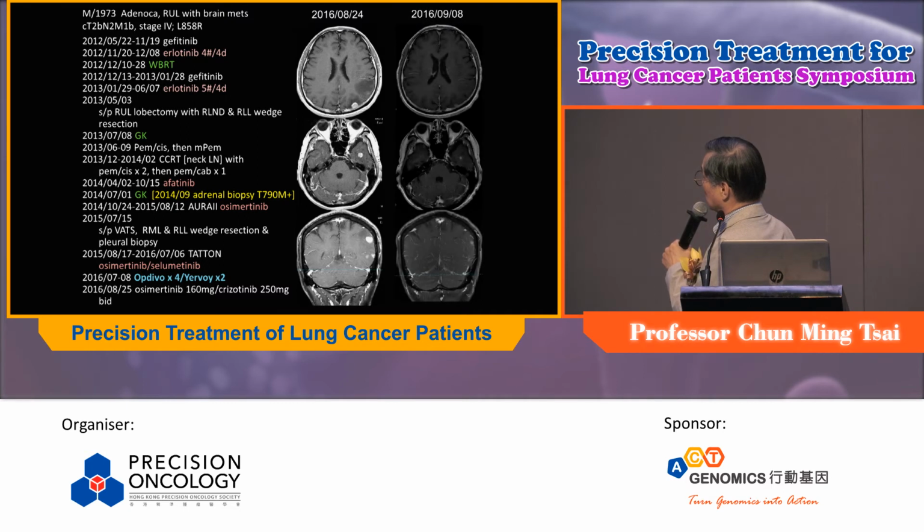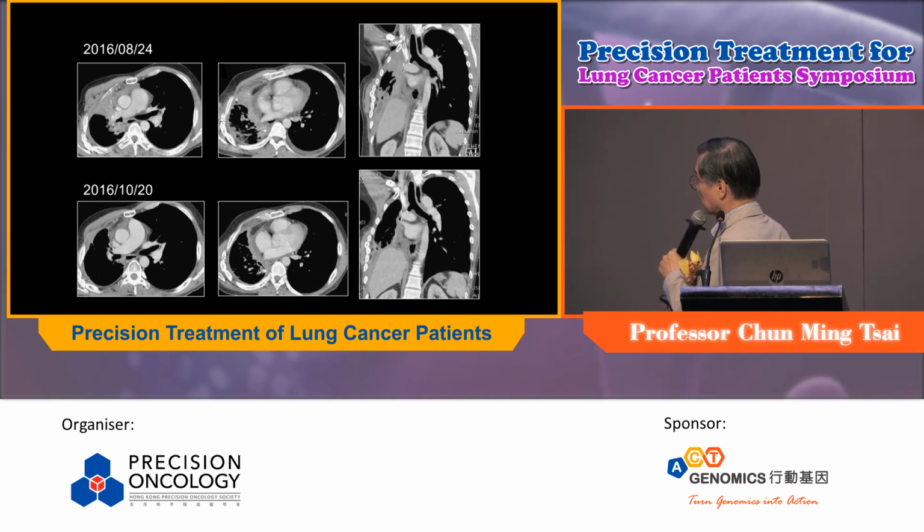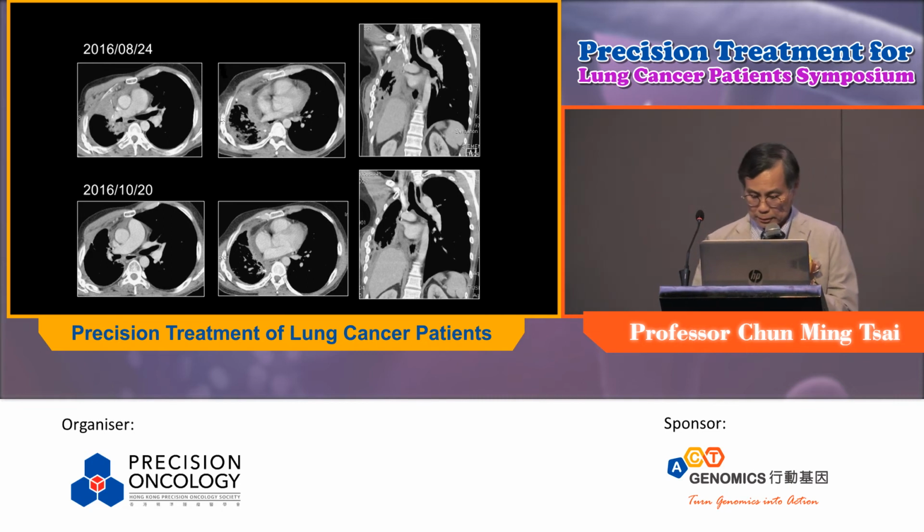After only 2 weeks, less than 3 weeks, you can see the brain tumor shrinking, getting smaller and smaller. And no more headache, no more fever, and the lung lesion is getting much better.